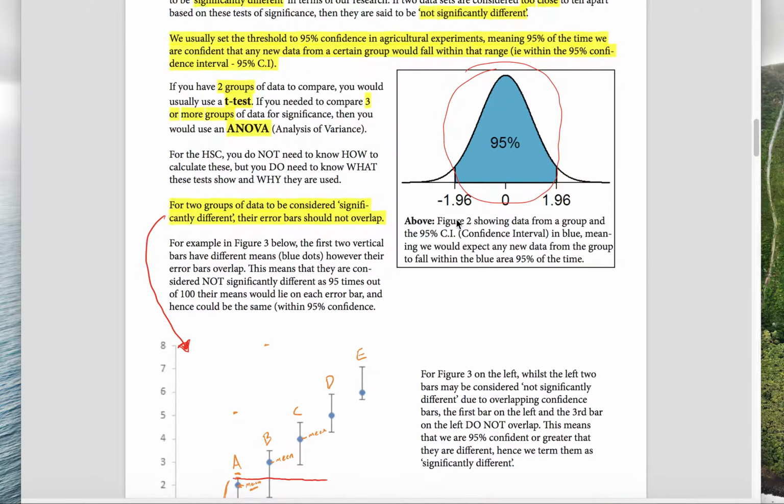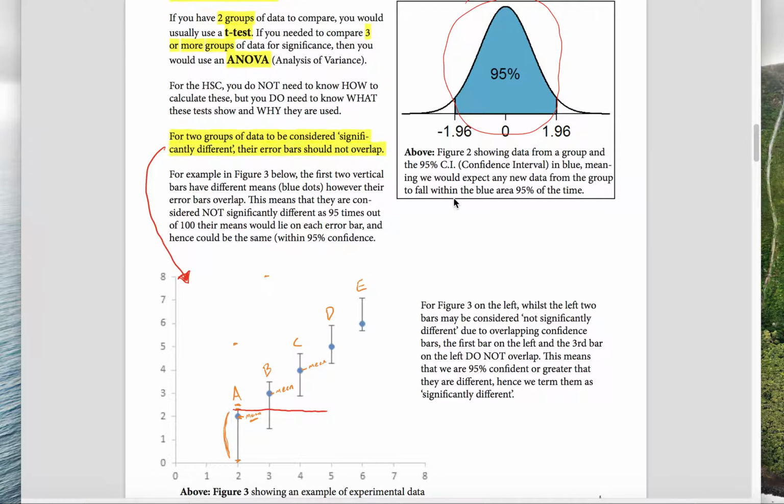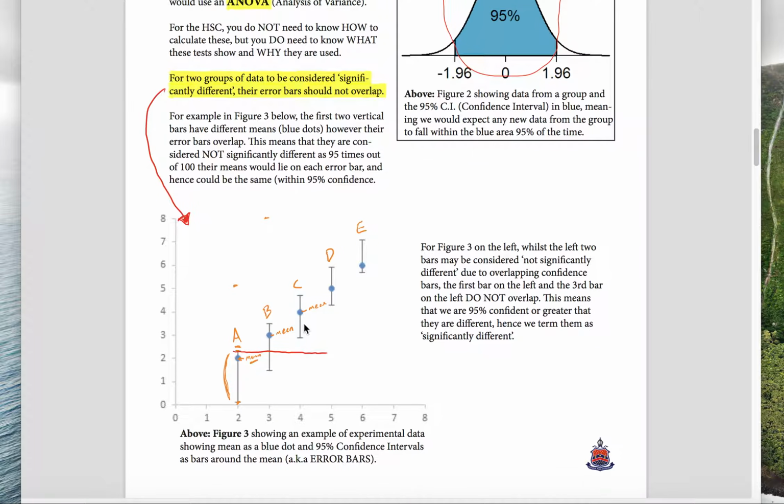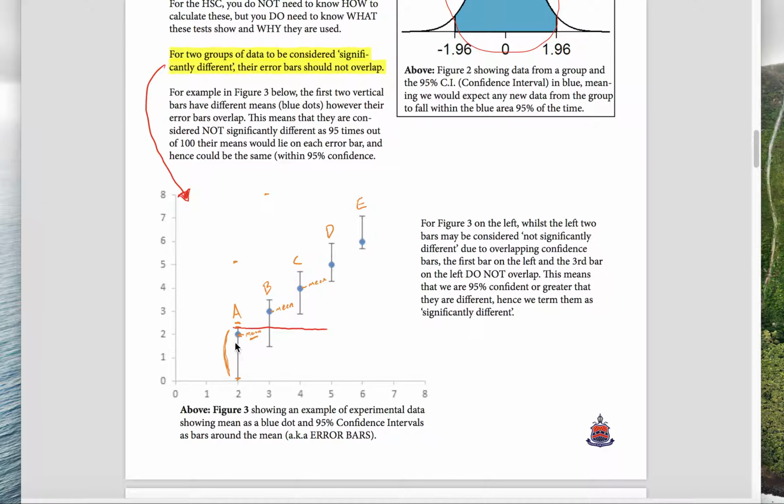What we do then is use this 95% and put bars around that. If we look at this random graph, the dots show the mean for each thing that was measured, and the bars are also called error bars. Basically, 95% of the data is within these bars.